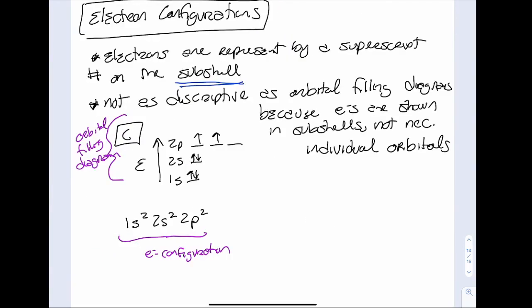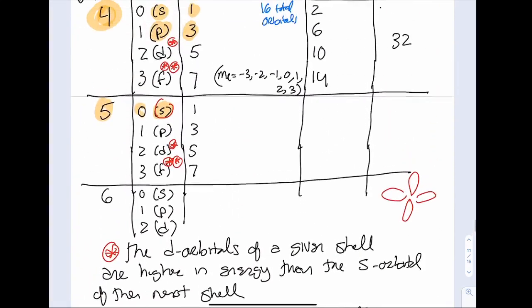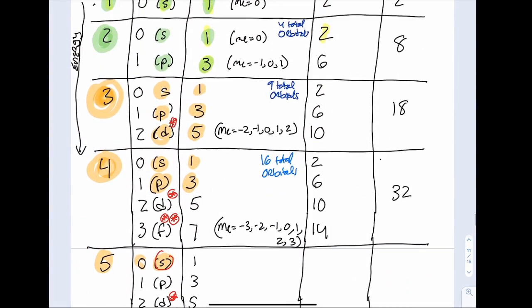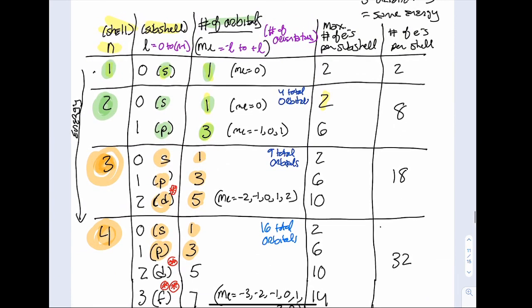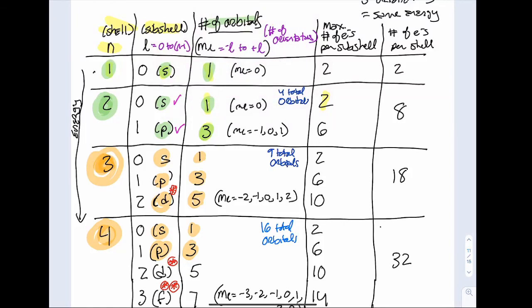So I said I would give you a shortcut using the periodic table to remember the order of our orbitals. Our quantum numbers are really our order. The reason there are 2 subshells in my second shell is because of this equation.